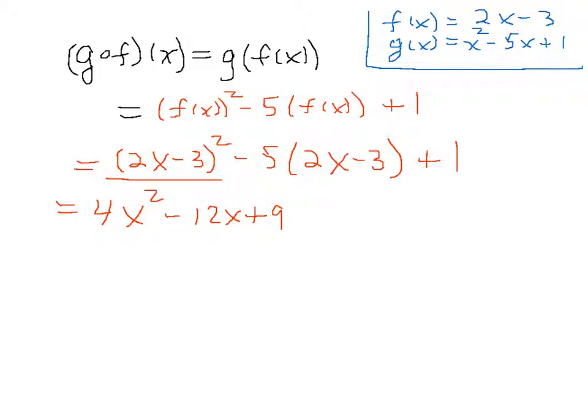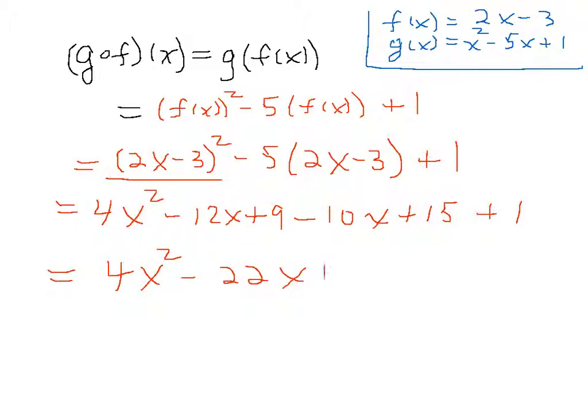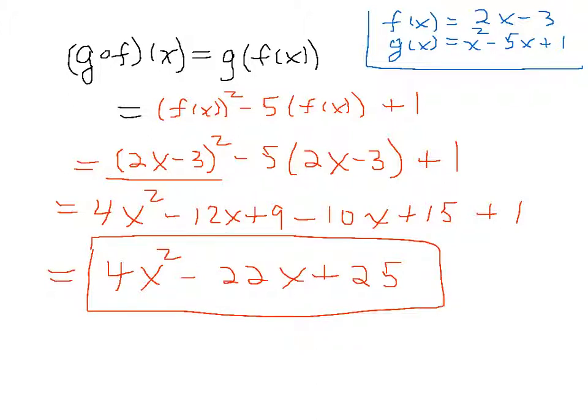And then when I go through and multiply by minus 5, I get minus 10x plus 15 plus 1. So I combine all my like terms. I have 4x squared minus 22x plus 25. And that is very different than what f of g of x is. So there's no reason why they should be the same.